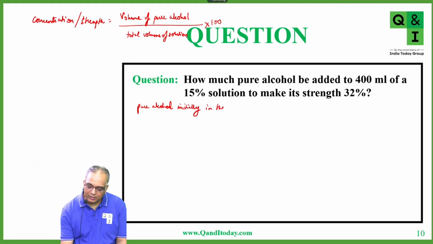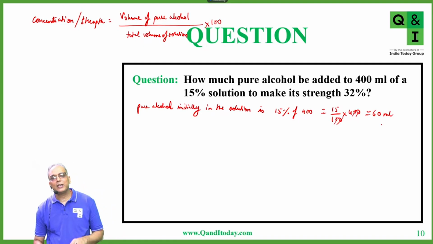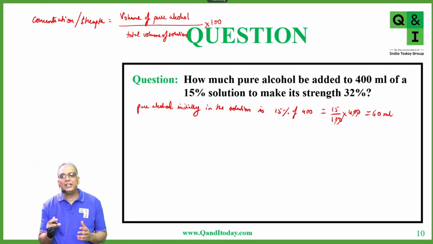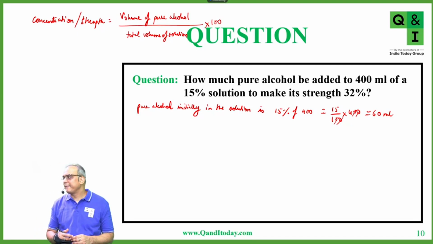So this will be 15 by 100 into 400, which is 60 milliliter. Out of 400 milliliter of solution, 60 milliliter is pure alcohol and 340 milliliter is water. When you mix them together, you get 400 milliliter of solution which has 15% pure alcohol in it. Is it clear?